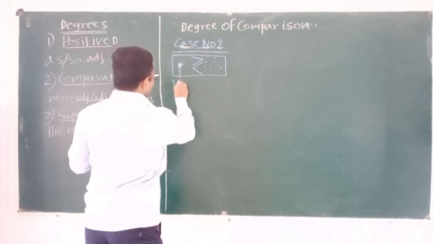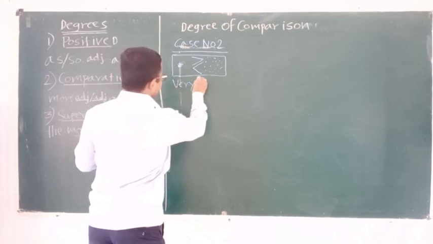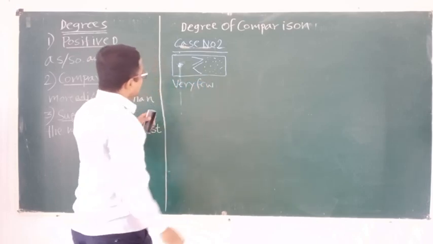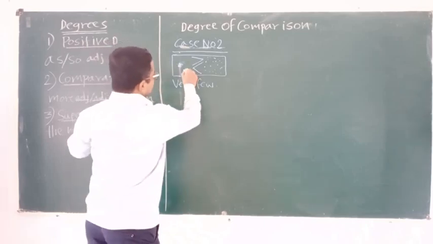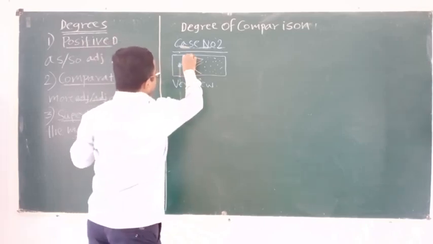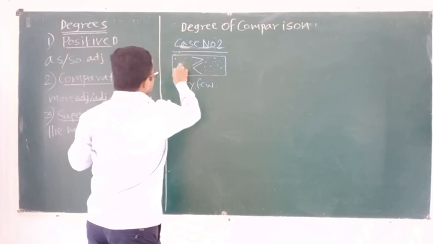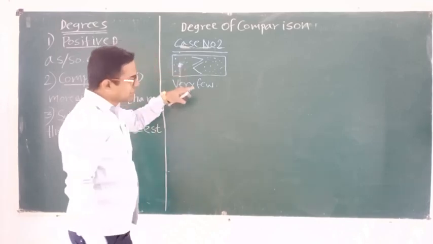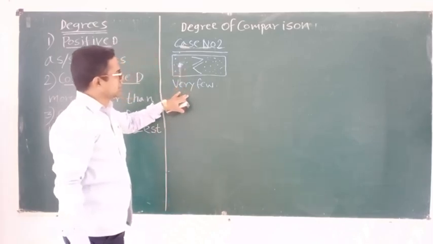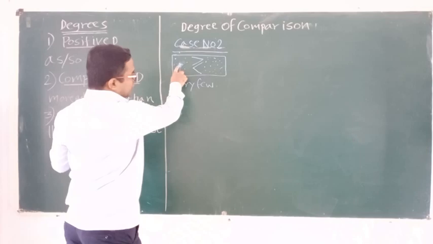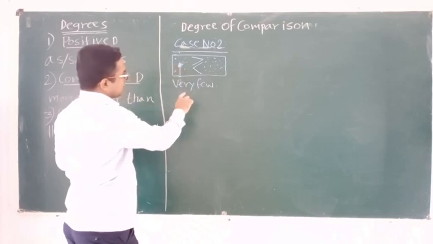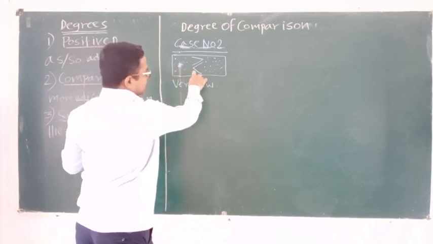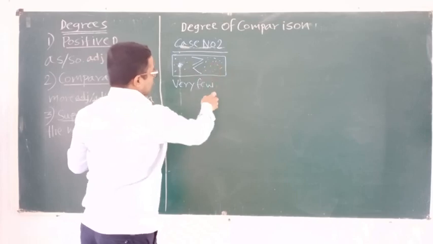So, very few means there are some other objects, there are some other people, but they are not mentioned in the sentence. The only one object is mentioned, and this one object is compared with all others.